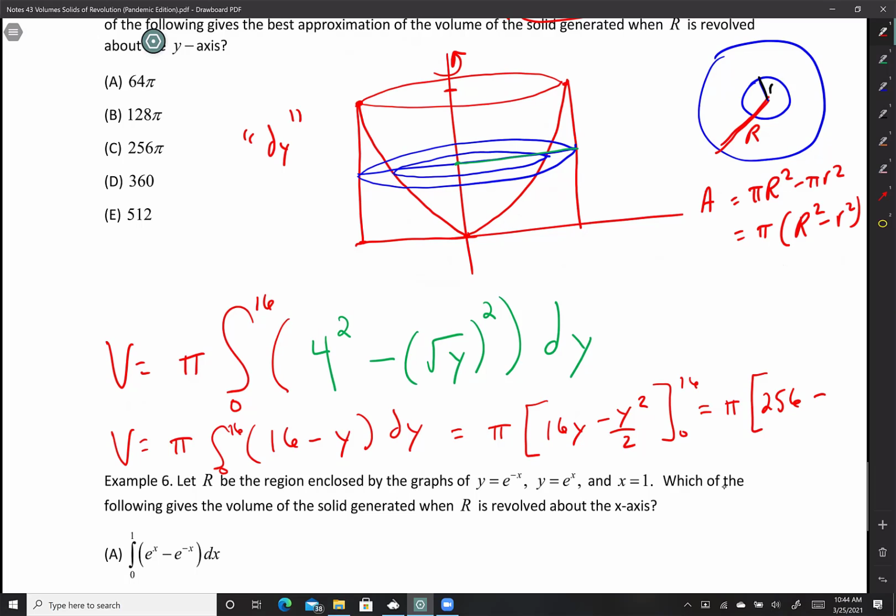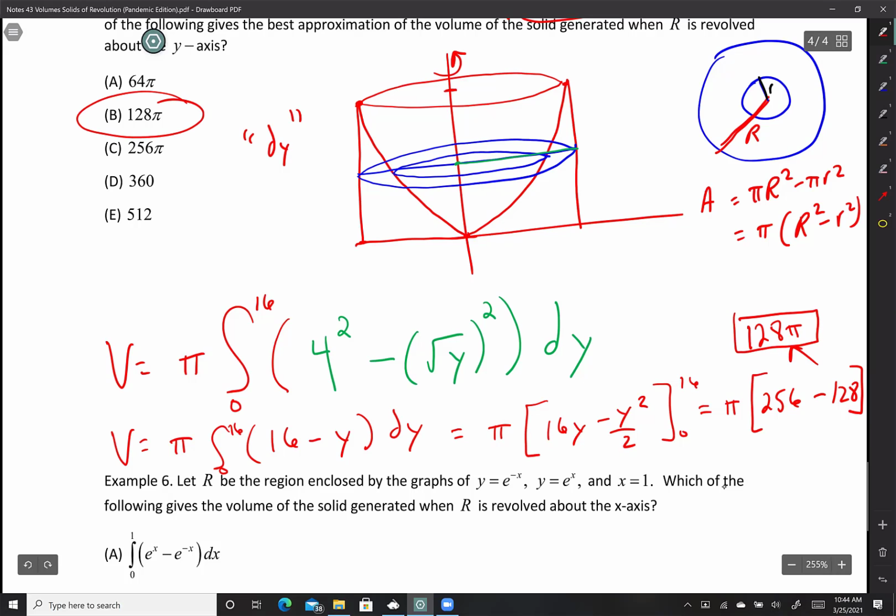Well, then that must be 128. And then 256 minus 128. Well, 128 is right in the middle. So if I subtract 128 from 256, I'm back at 128. So coming back up here, that's 128 pi. I don't see any errors. I mean, I make mistakes all the time, but I don't see any errors.